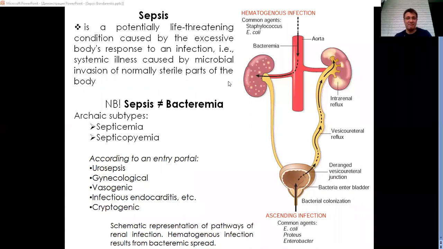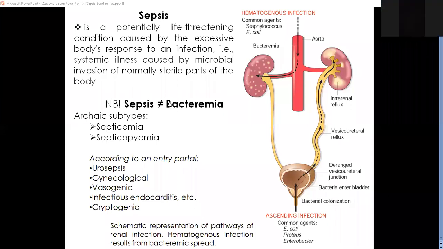Sometimes it's true, sometimes not, but generally, the archaic subtypes of sepsis are septicemia and septicopyemia, and in a lot of the MCQs of Koch 1, you will see these terms, septicemia and septicopyemia.